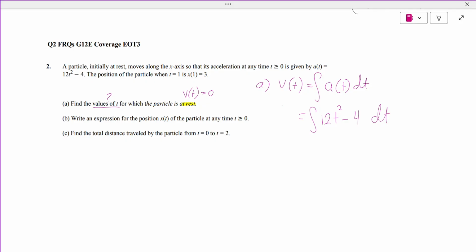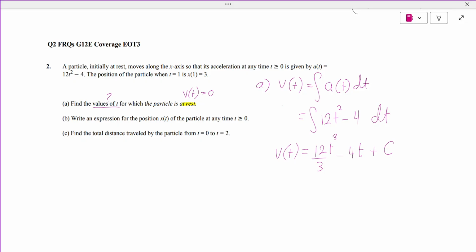So in this case we have 12t to the power of 3 over 3 minus 4t plus c, right?